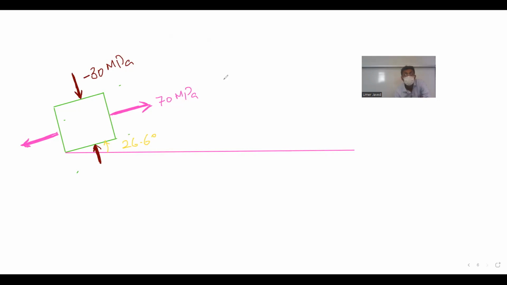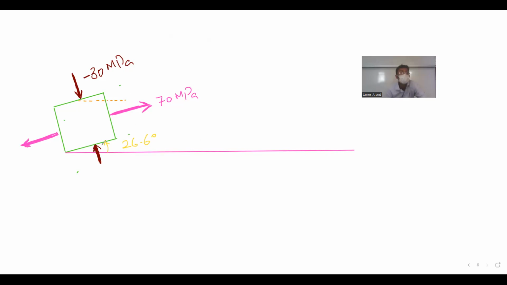Why don't you tell me at what angle is this minus 30 happening? 90 plus 26.6, which is 116. What you just calculated. Boom. Everything is fine.